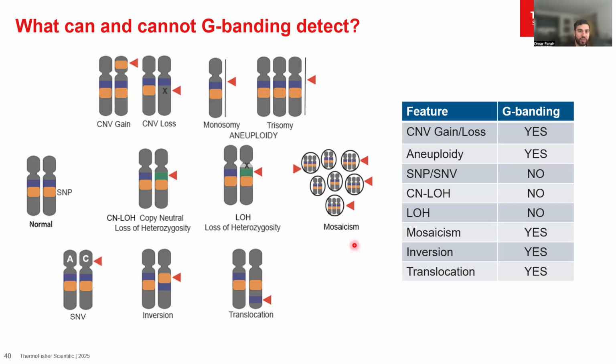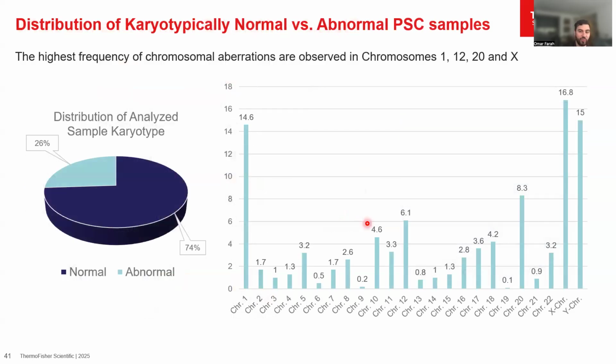So with the G banding karyotyping assays, you're able to detect cells that have a mosaic genetic mutation, right? Where some cells will be normal, as you see here, but some cells will have that mutation. And with G banding, you can detect that mosaicism down to 5 to 10%, which is quite low and quite sensitive too.